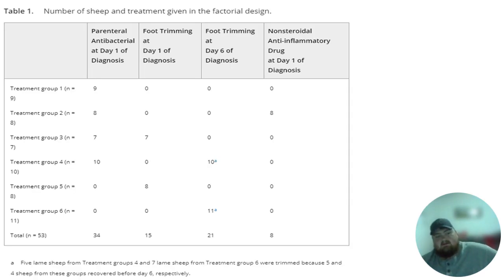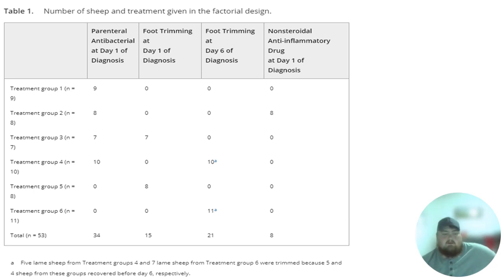So looking at this table here, this is kind of a breakdown of what they did with the groups of sheep and how they treated them. As you can see on the left side of the table, they show their treatment group number, and they also show the total at the bottom, so you can see where they totaled everything up.